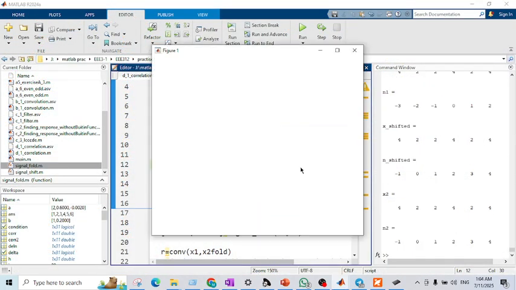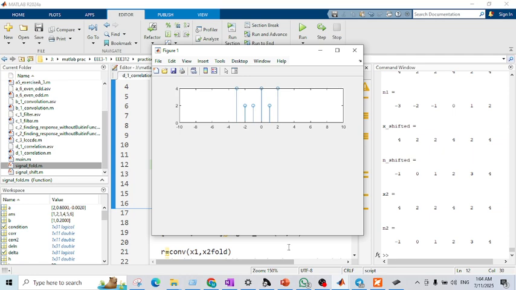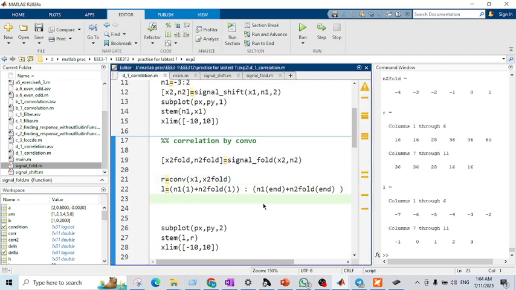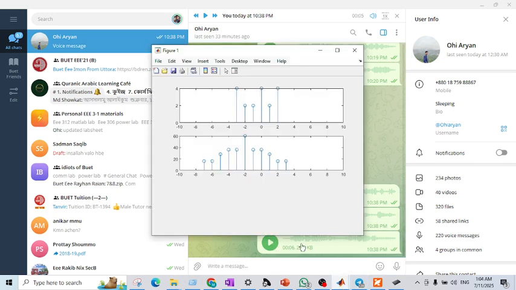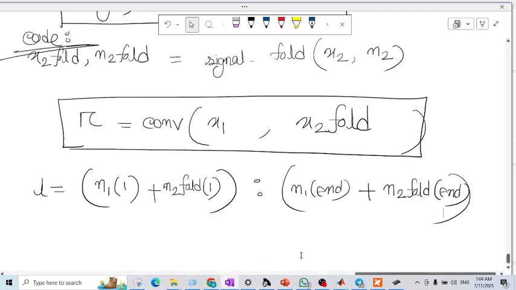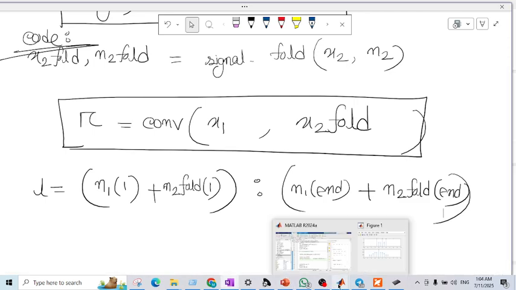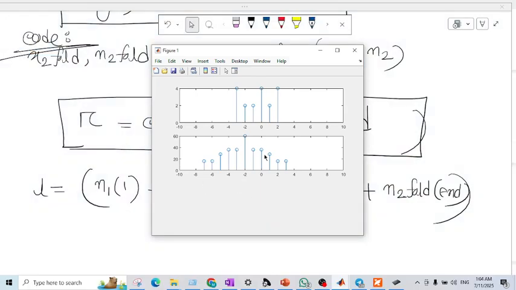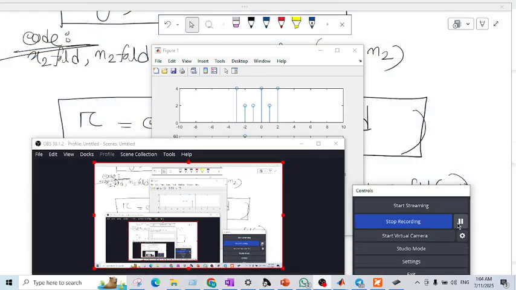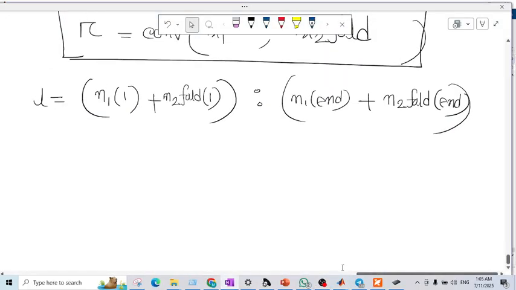It is my original x1 signal, and the correlation signal looks like this. Okay, let's start.